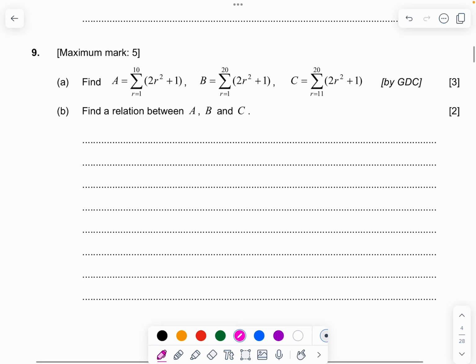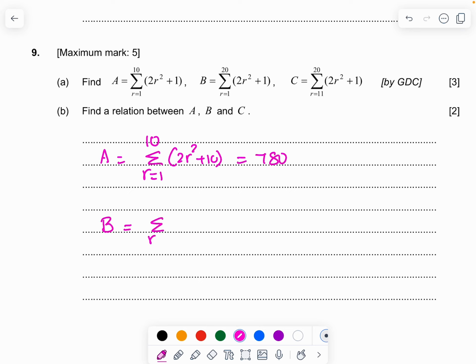Question number 9. A, B, C are given. Find a relationship between A, B and C. So you can use the graphing calculator and directly find the value of A. Plug in these values, and you should be getting the answer as 780.